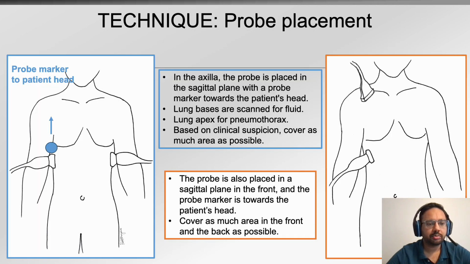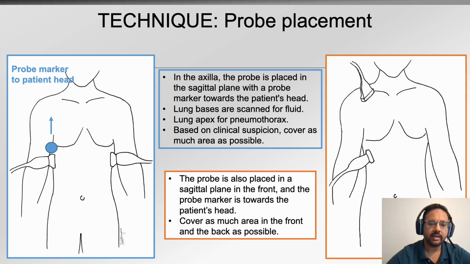In terms of the probe placement, various places in the literature talk about the concept of different lung zones. What all these concepts mean is that they try to divide the chest into two parts, right and left. And then they divide each of those sides into multiple areas so that there is a systematic approach to scanning.